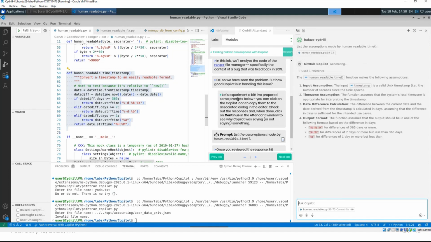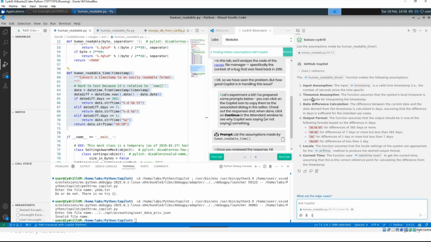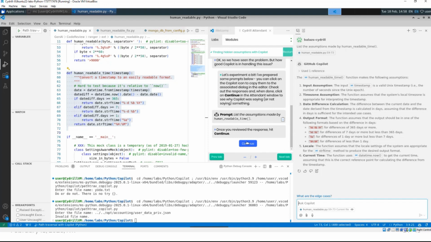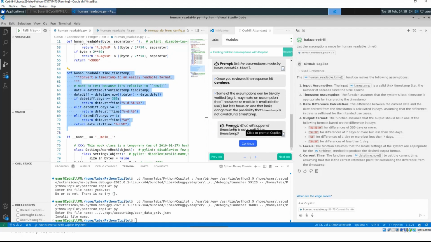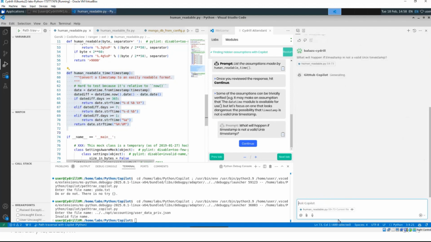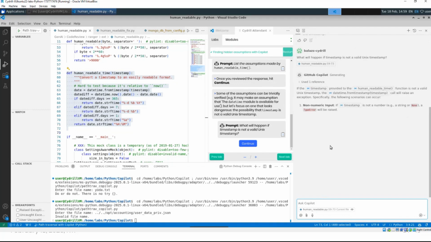And again, I'm not going to go through this because it's a bit of a spoiler, but I will tell you that one of the assumptions here is that the input timestamp is a valid Unix timestamp. So the next question would be to ask, all right, what happens if that timestamp is wrong? If you just ask the same question for the same code, using the context for this function only, then it will give me some idea about what can go wrong, what kind of errors can happen.